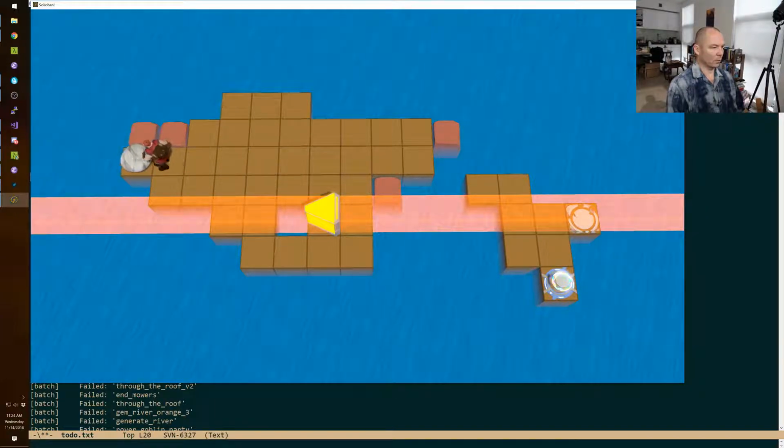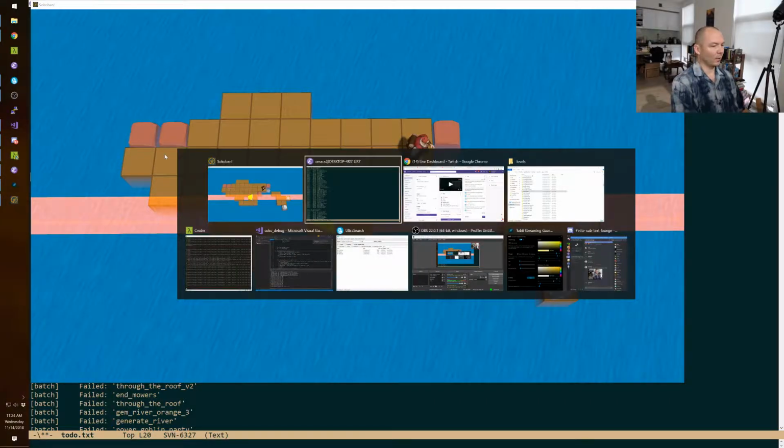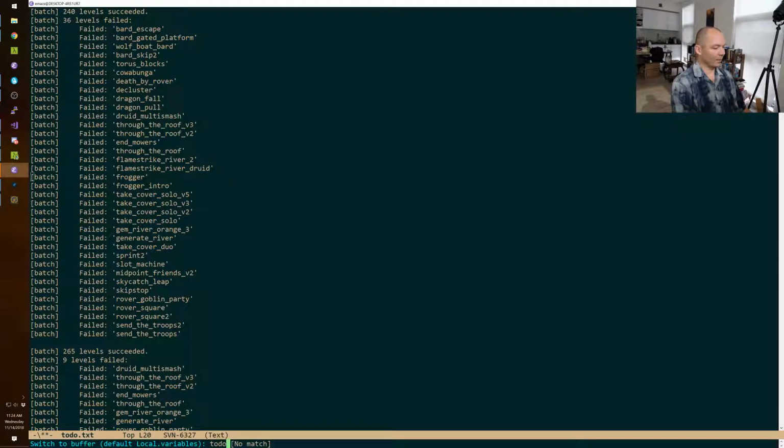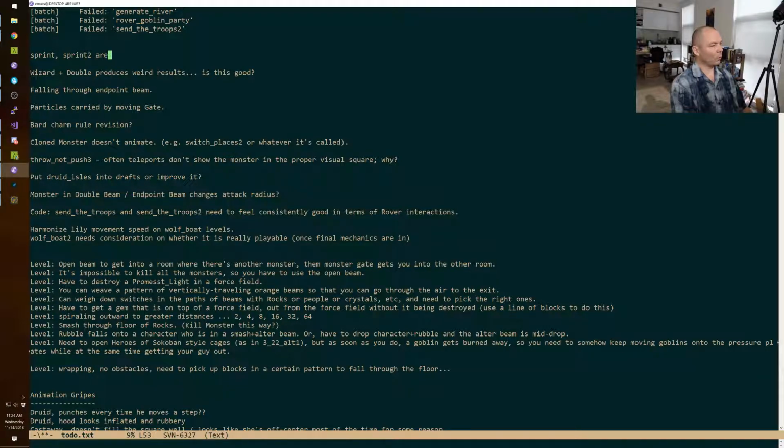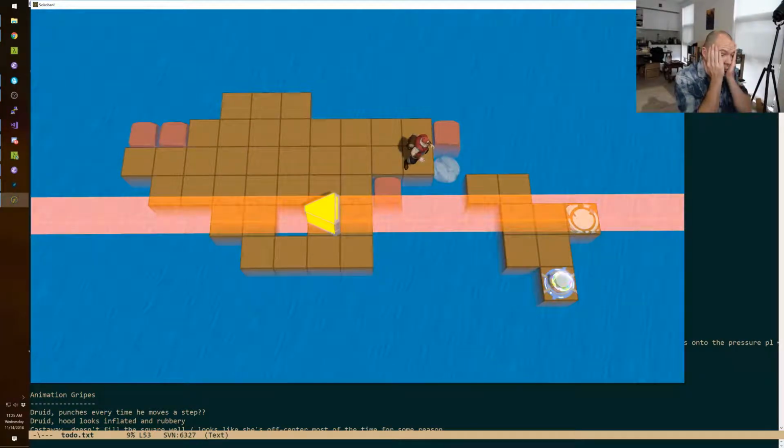All right. Yeah. Okay. I was in to-do. Okay. Sprint 2 are exploitable with current timings. That's fine. We can change the size of the level or something. We could speed up the skipping stones.